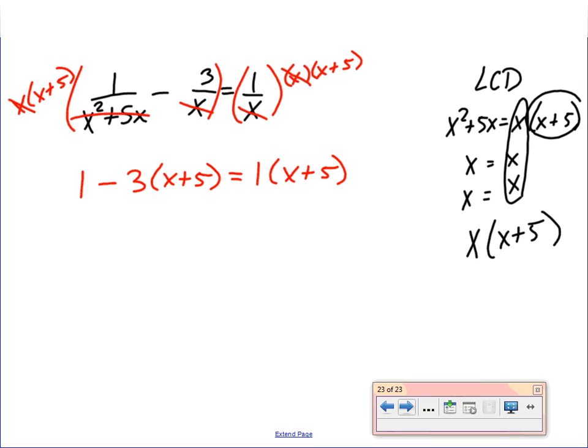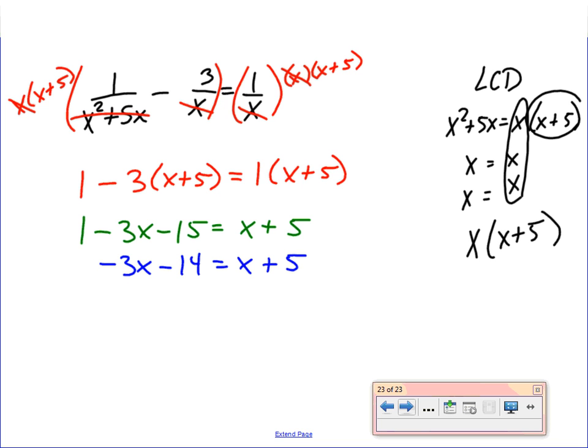And now it's just a matter of solving for x. So let's go ahead and solve for x. Use some distributive property here. I'll use some more distributive property on the other side. Over here, I'm going to go ahead and combine some like terms. 1 minus 15 would be a negative 14. Now I'm going to get x's all on the same side. Subtract that x.